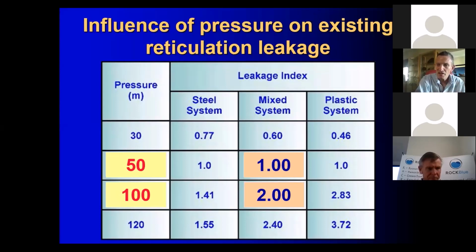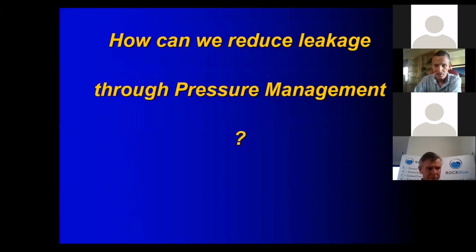And conversely, if you can halve the pressure, you will halve the leakage. So leakage drives pressure drives leakage, and anything you can do to reduce the pressure will reduce the leakage.